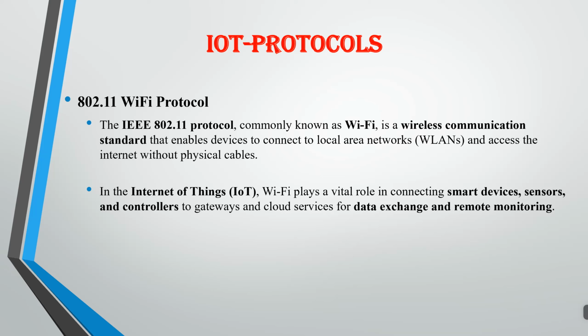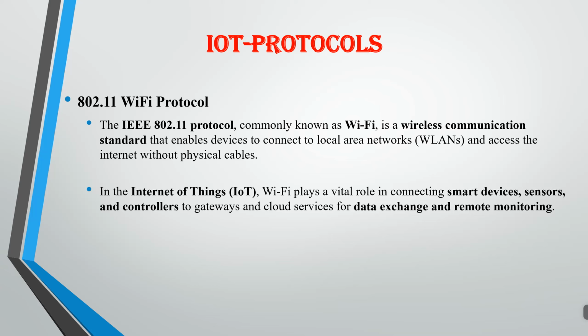The example I have given strongly recommends a wireless communication standard. So here IoT requires a protocol which strongly supports wireless. Under that condition we use the 802.11 Wi-Fi protocol. It is commonly known as the Wi-Fi wireless communication standard that enables a device to connect to a local area network and access the internet without physical cables.